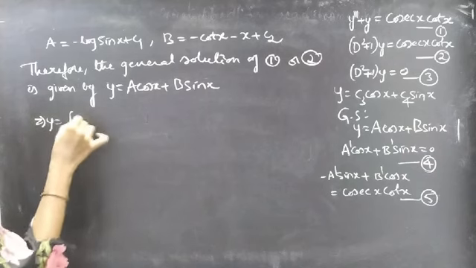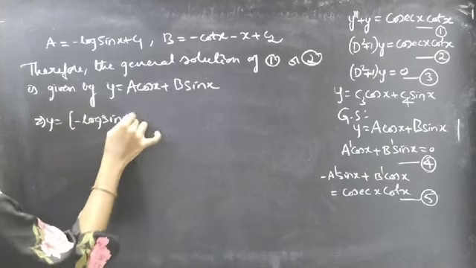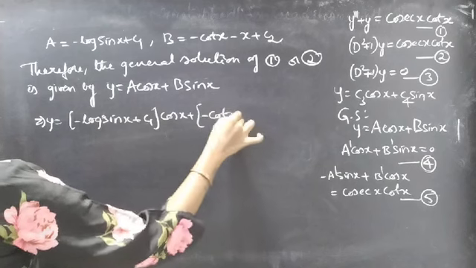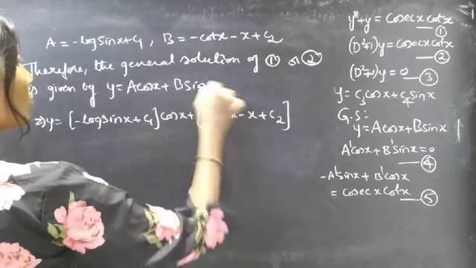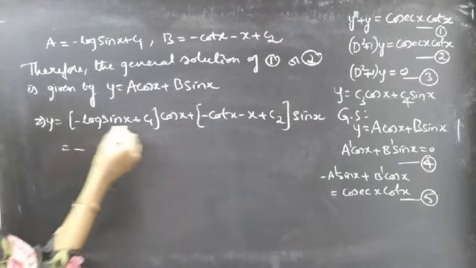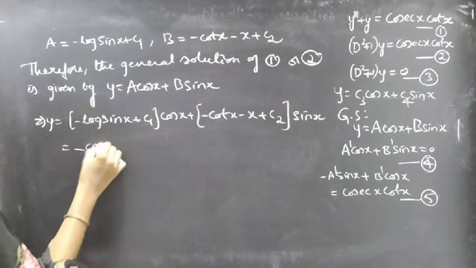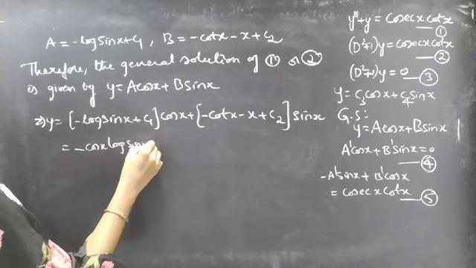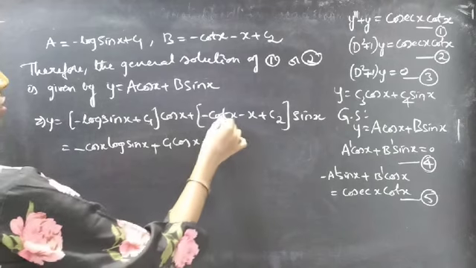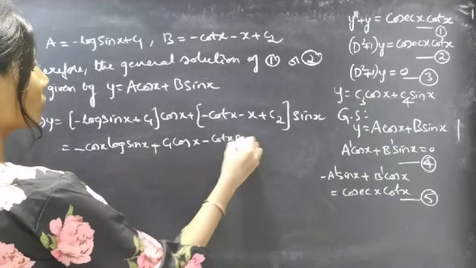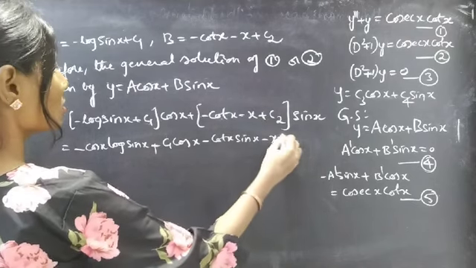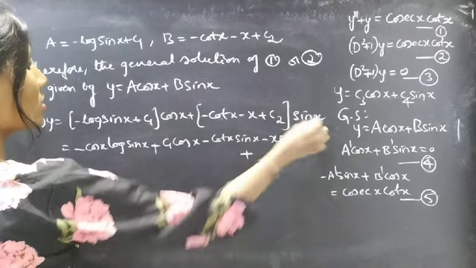Then y equals a, minus log sin x plus c1, into cos x, plus b, minus cot x minus x plus c2, into sin x. This equals minus cos x log sin x plus c1 cos x, minus cot x into sin x, minus x sin x, plus c2 sin x.